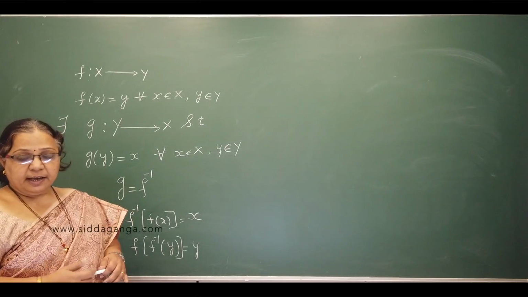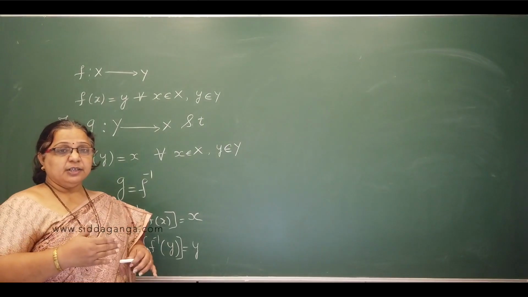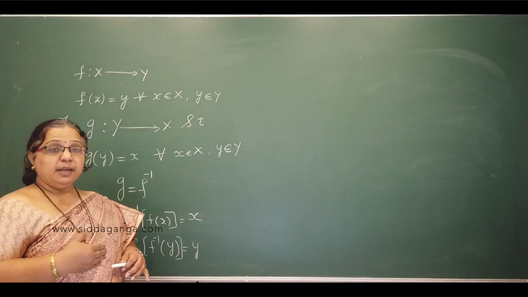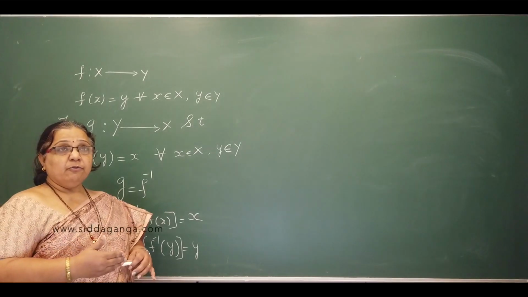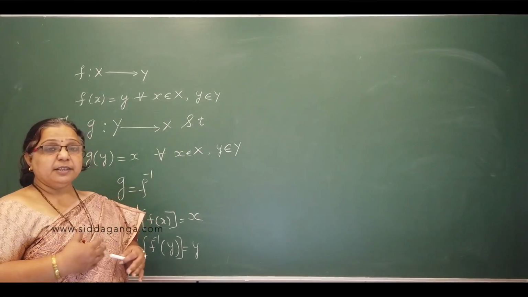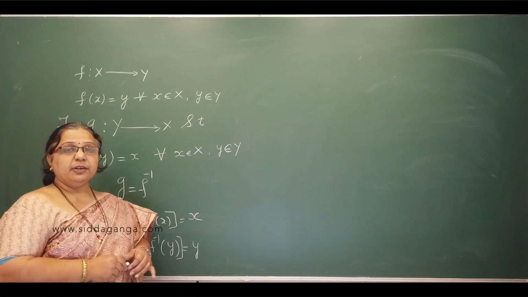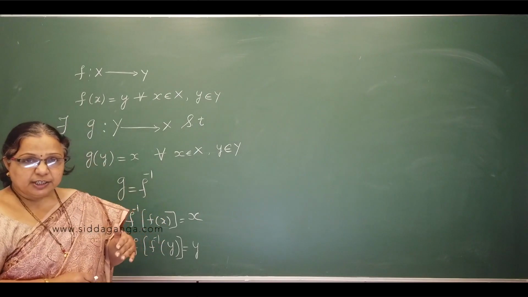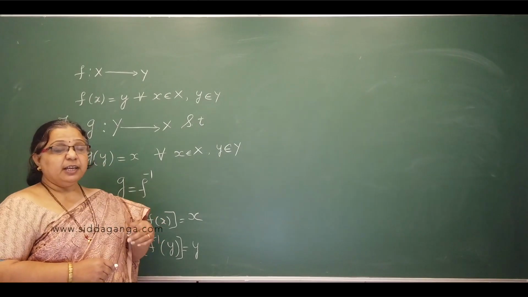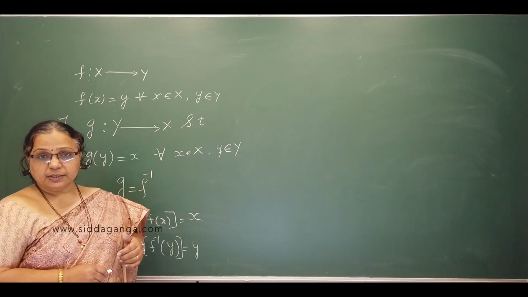Hence in this chapter, our aim is to apply restrictions on the domain and ranges of the trigonometric functions such that we can define the inverse of all the functions.